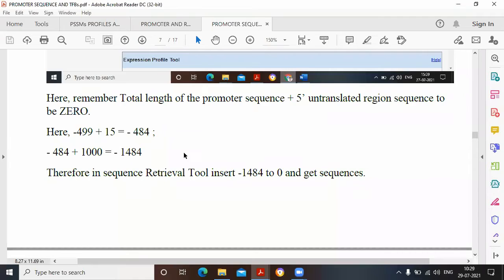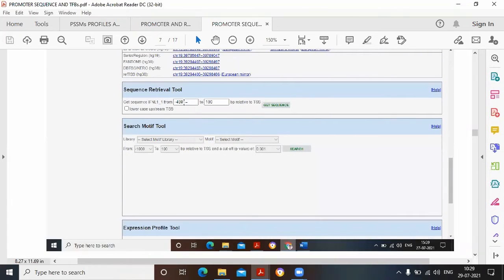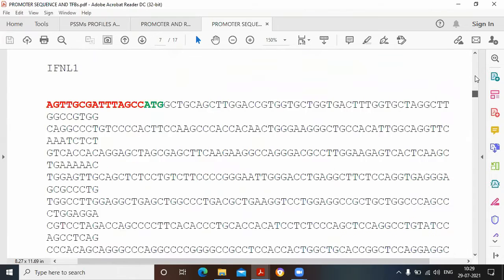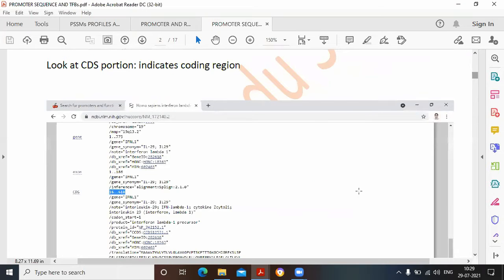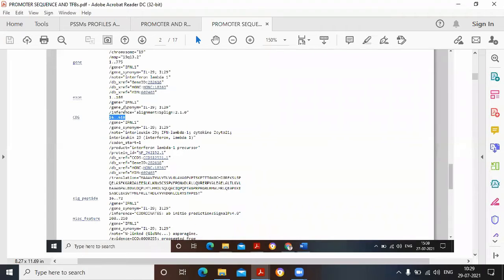So here we have -449 already mentioned, and we need to add 15. From where are you getting this 15? To understand it, go back to the gene sequence in NCBI, where the coding sequence is mentioned. Here the sequence runs from 16 to 618, which means 15 alphabets come before that.